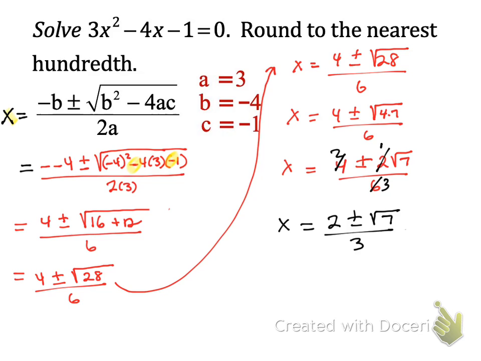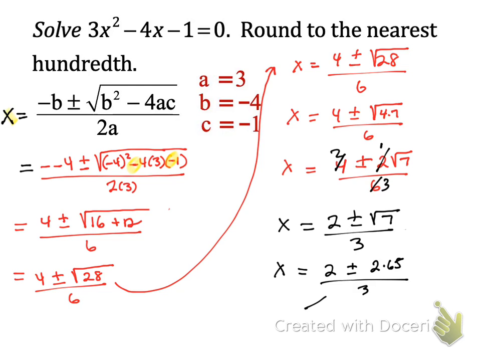If they don't say round to the nearest hundredth. If they say round to the nearest hundredth, you're going to have to find the square root of 7, which is between 4 and 9. So it's about 2.65 or 2.64. So I'm going to do this. X equals 2 plus or minus 2.65 all over 3.